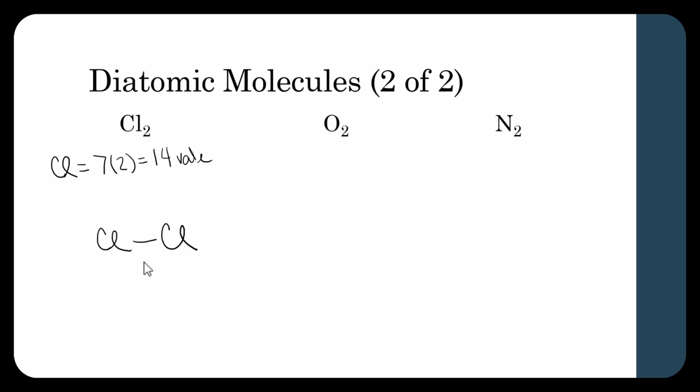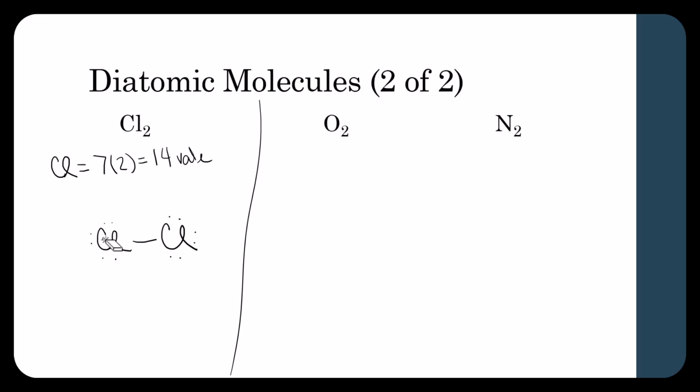And then I'm just going to keep putting lone pairs until I run out. 1, 2, 3, 4, 5, 6, 7, 8, 9, 10, 11, 12, 13, 14. We go back and check that everybody is happy. Chlorine on the left is touching 2, 4, 6, 8. He's good. Chlorine on the right is touching 2, 4, 6, 8. He's good. So that is our Lewis structure for chlorine.